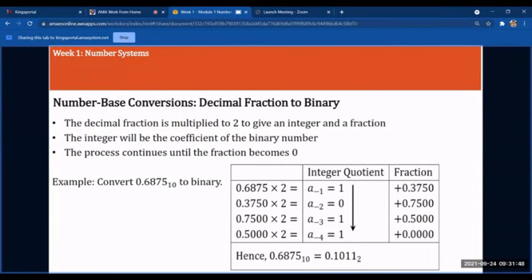Then 0.7500 times 2, we will have 0.5000. So magkakaroon tayo ng 1. And then 0.5 times 2, magkakaroon tayo ng 0 fraction. So babasahin naman natin siya this time ng pababa. So magkakaroon tayo ng 0.6875 base 10, which is equal to 0.1011 base 2.